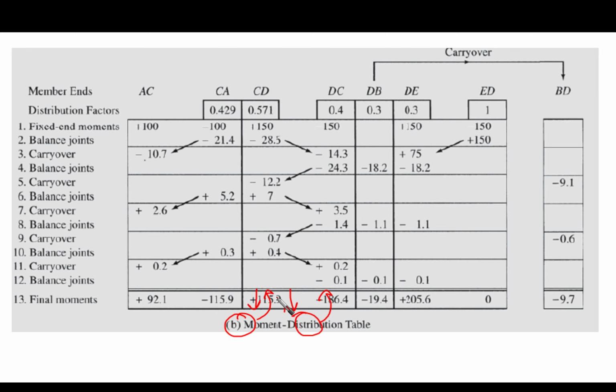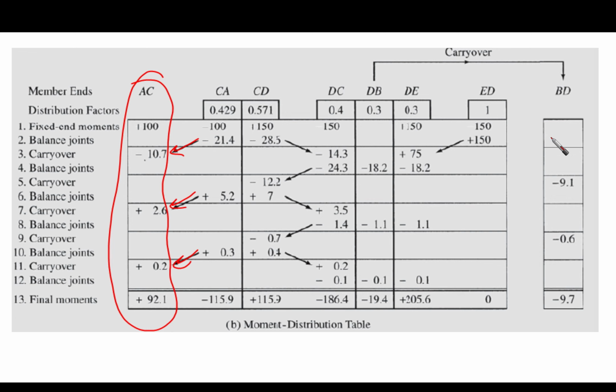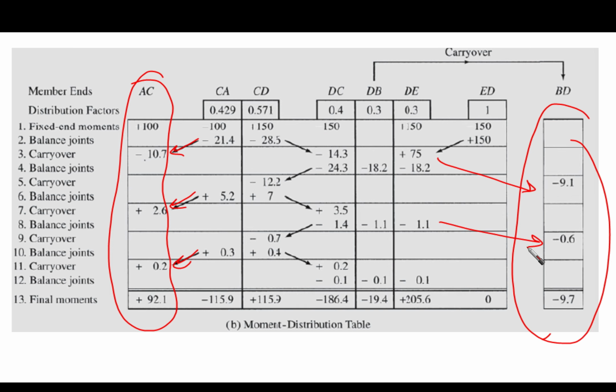It is going to be treated as point A. Look, point A, it is only carry over here. We do not carry over back, because it's fixed. Similar here for BD. Actually BD is fixed, so we are going to carry over to it, as you can see. Okay, so that's it.